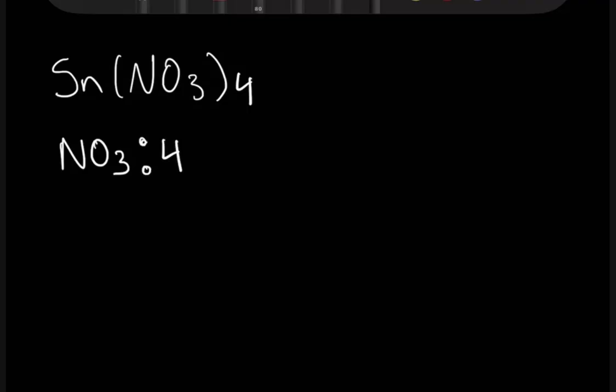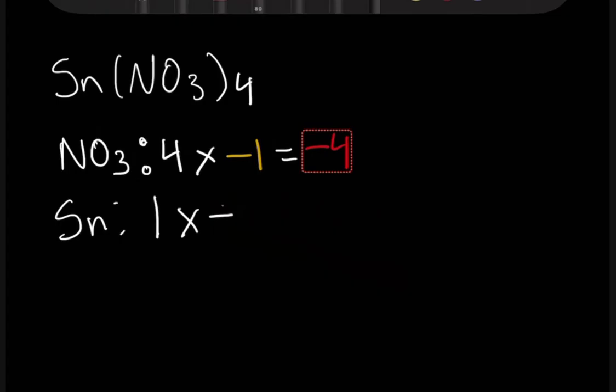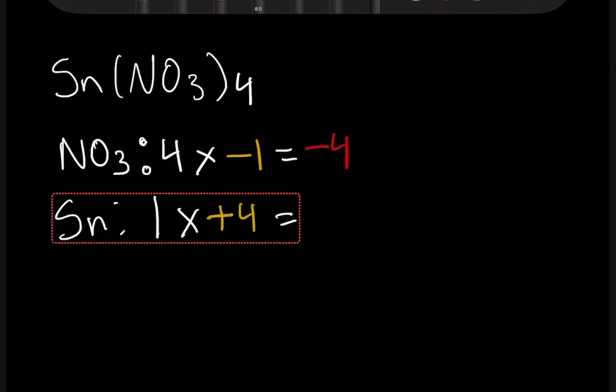There are 4 of them, and each one has what charge? -1. Perfect. So in total, we have -4. Very good. And then Sn must have a charge of 4 to counterbalance. We only have one, so it has a charge of +4. So it's nitrate de l'étain and then 4 in Roman numerals.